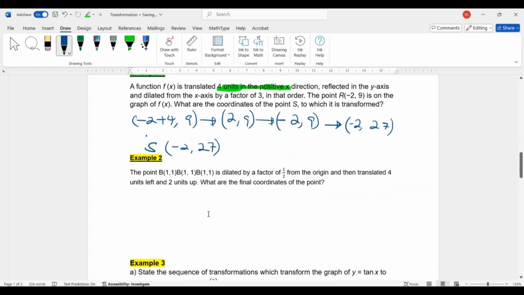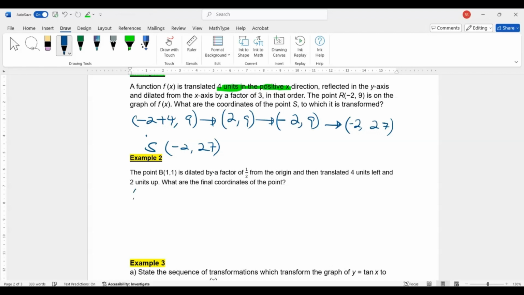Okay, so we have point B. Point B is dilated by a factor of a half from the origin, then translated 4 units to the left and 2 units up. What are the final coordinates of the point?